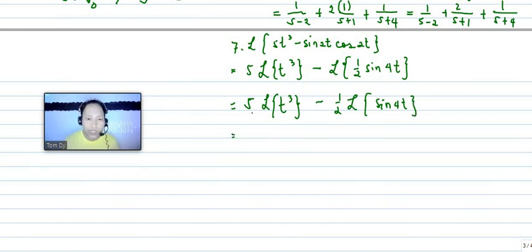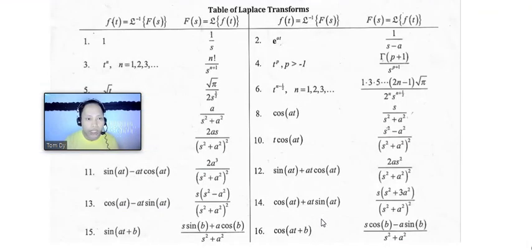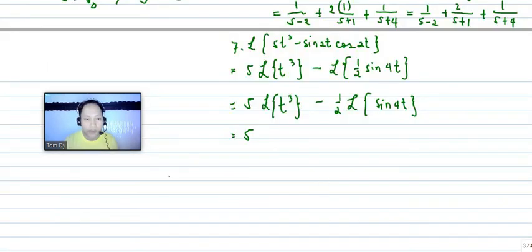If we look at our table for t cubed, we have t to the n, that is n factorial over s to the n plus 1. So we will make use of this formula.